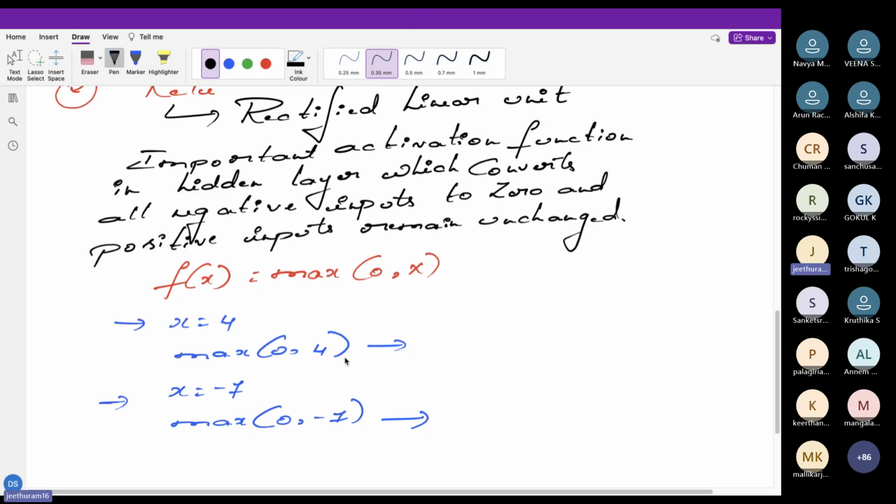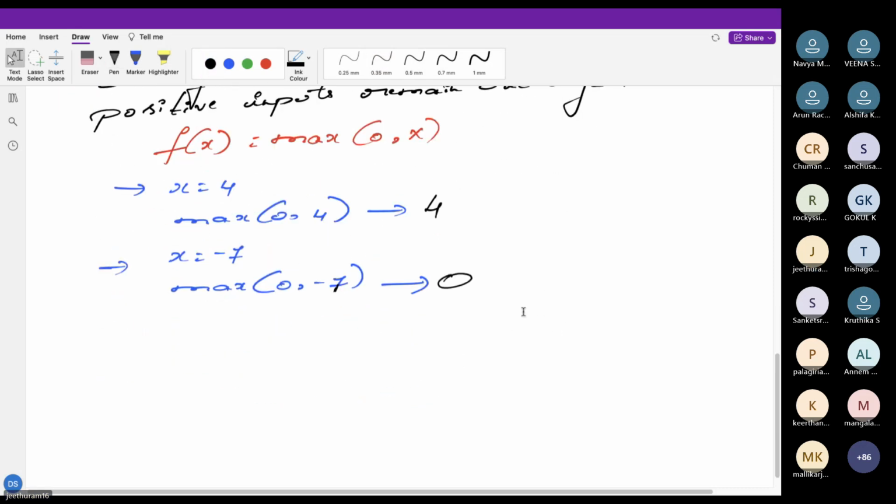Understood? Max of 0, 4: positive numbers remain unchanged. But when it comes to a negative number, what is the maximum of 0, minus 7? Isn't it 0? And its graph is going to look something like this. The range is 0 to plus infinity.